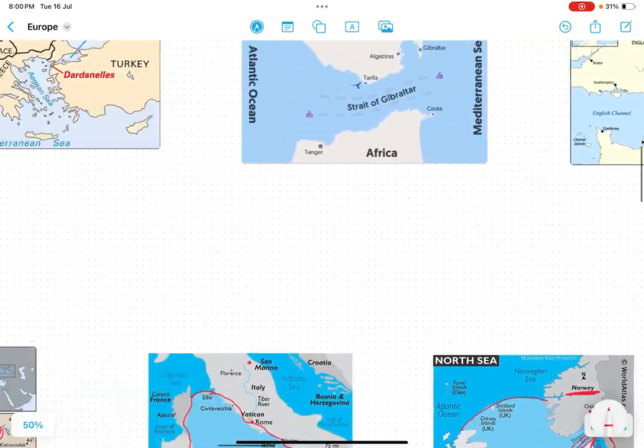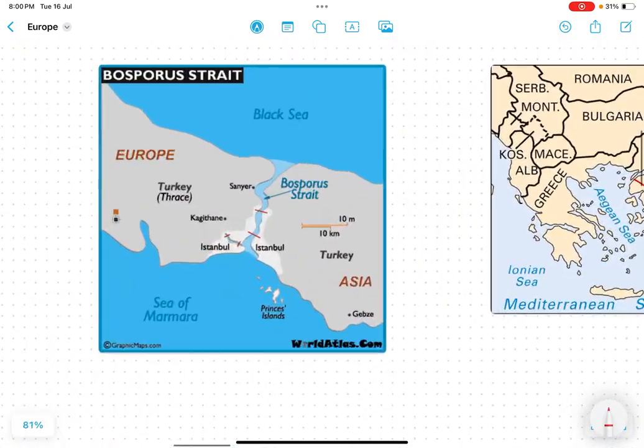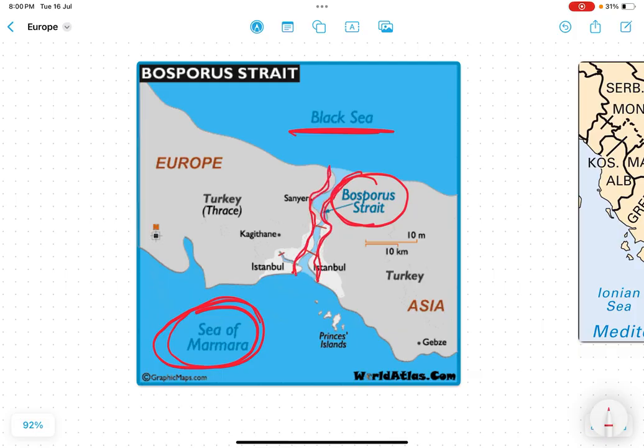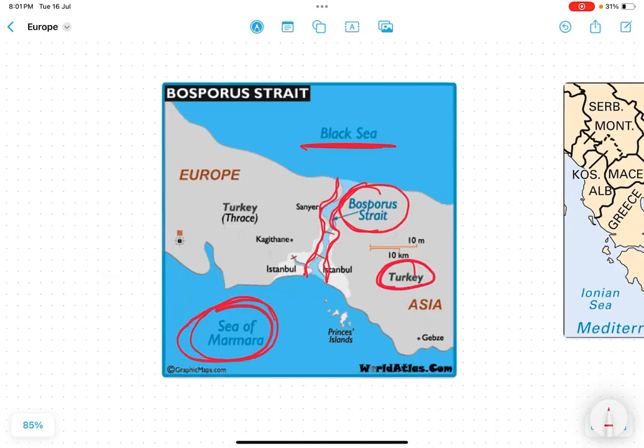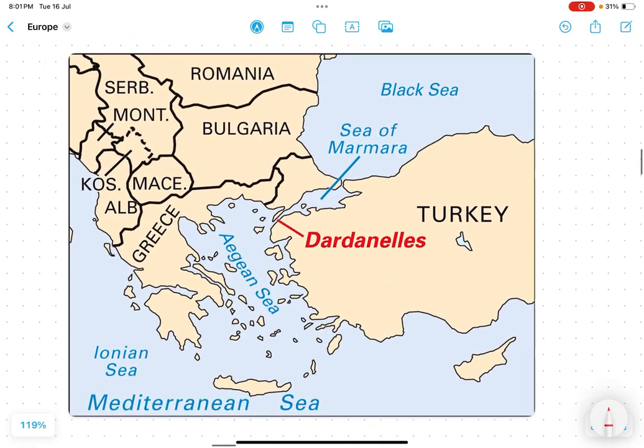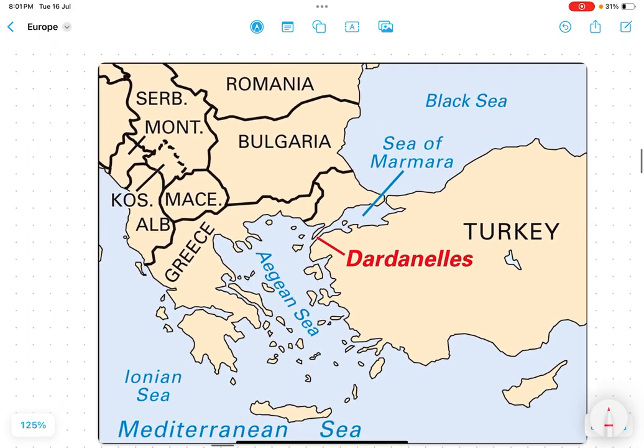So let's look at some of the important straits that you should know. We have already studied that the Black Sea is connected to the Sea of Marmara by the Bosphorus Strait. This region is the Bosphorus Strait, right? It is in Turkey. Then the next strait is the Dardanelles Strait. If we have to go from the Black Sea to the Mediterranean Sea, we have to pass through the Sea of Marmara, then go to the Aegean Sea.